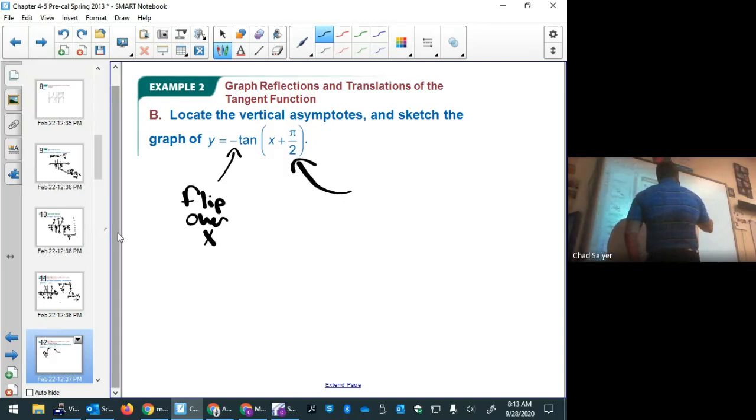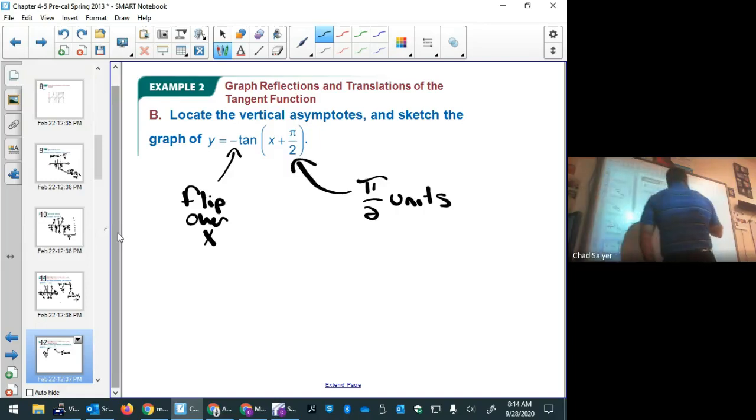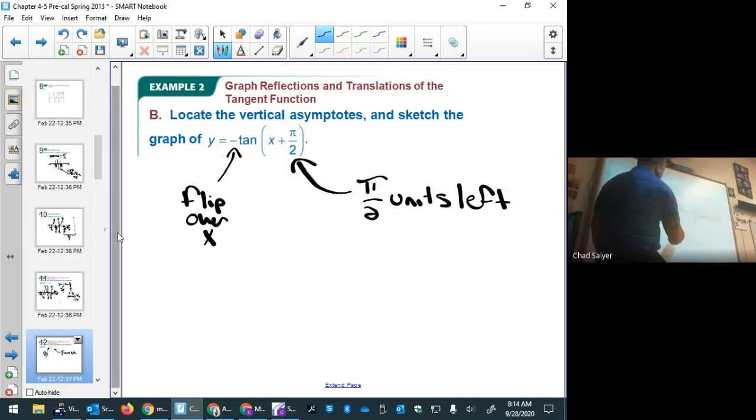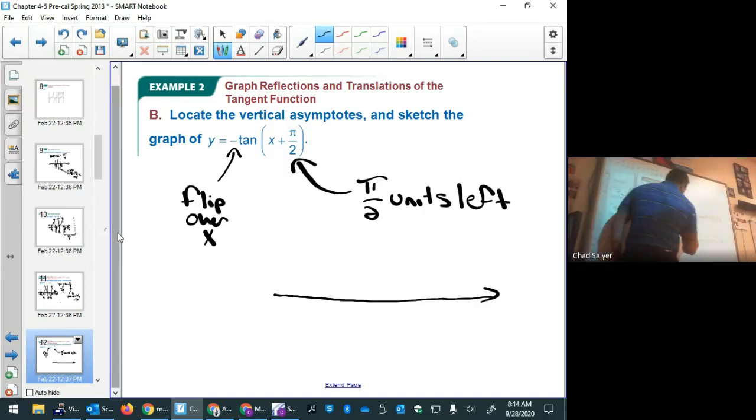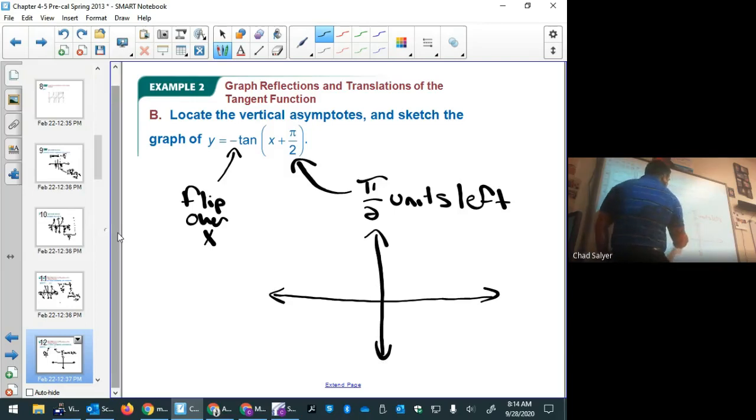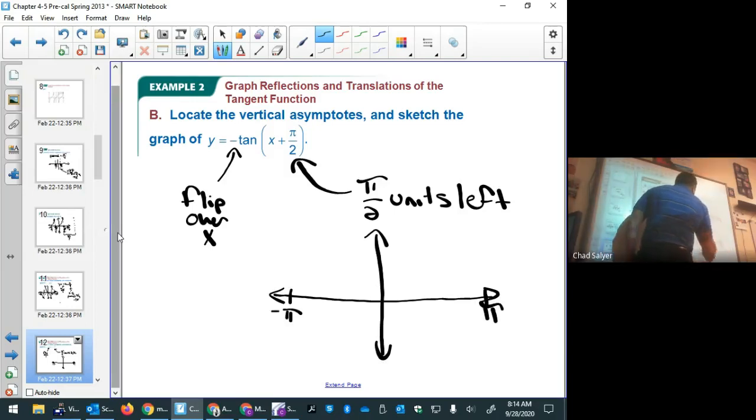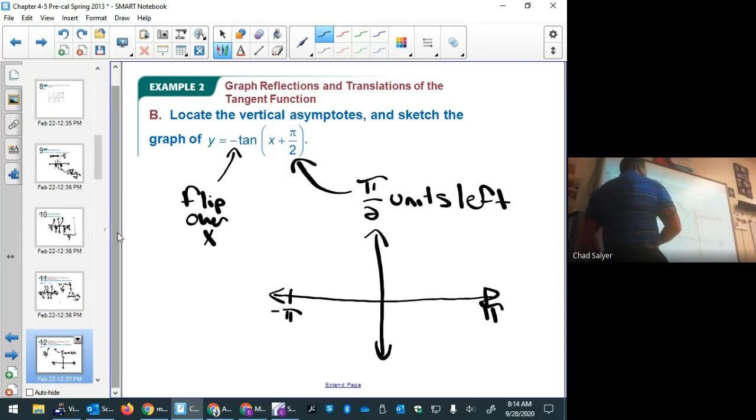And we've got this, which is going to move us pi over 2 units to the left. We don't have a b parameter, thank goodness. That would make our life even harder. So we'll just go from negative pi to pi. That'll be 2 periods.